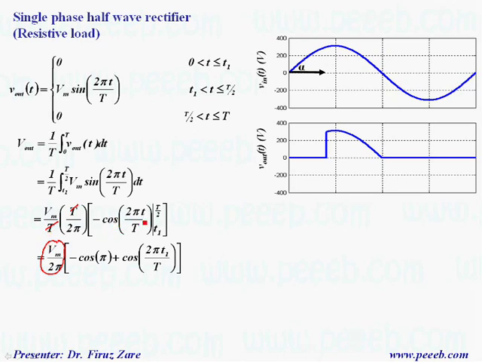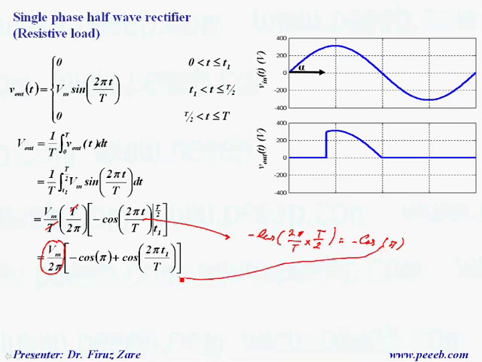If we put in the upper limit, which is T over 2, minus cosine 2 pi t over T gives minus cosine pi, which is basically this term, and when we put in the lower limit we get this term.